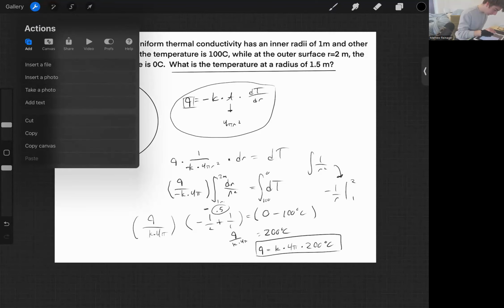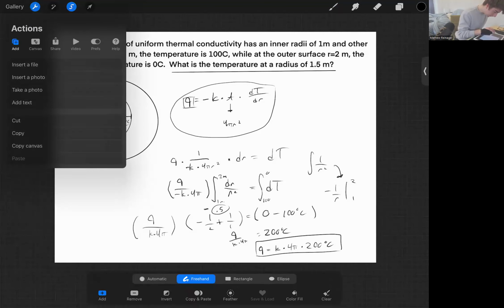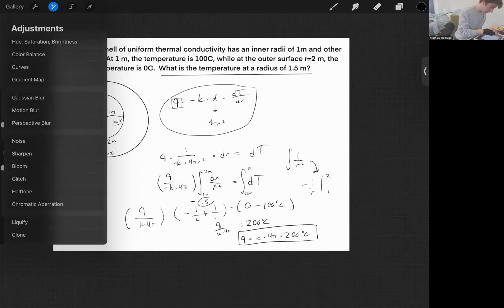If I can figure out how to expand this. Here's what I'm going to do. I'm just going to go ahead and shrink everything.